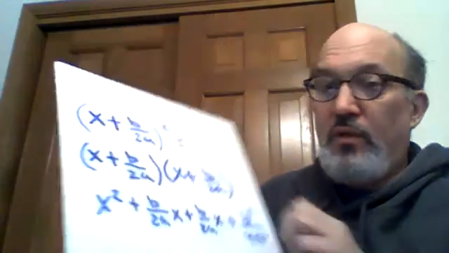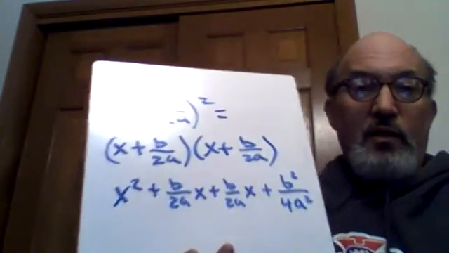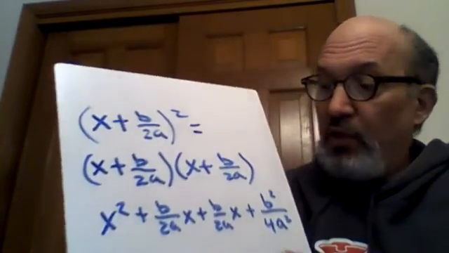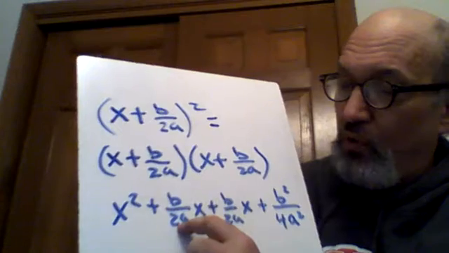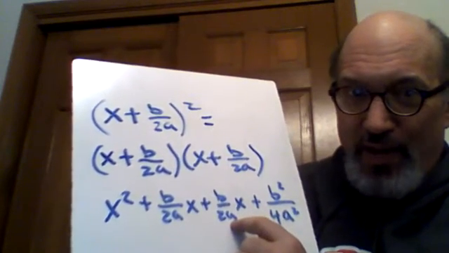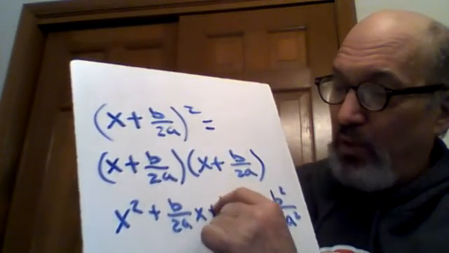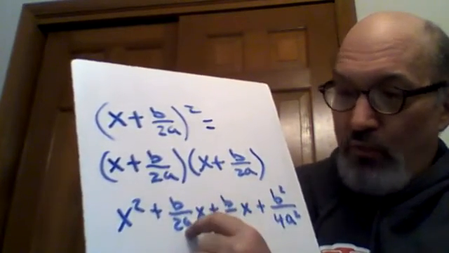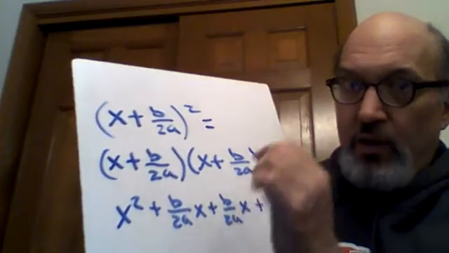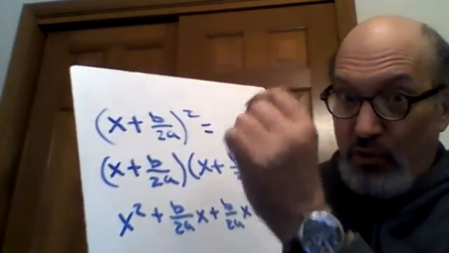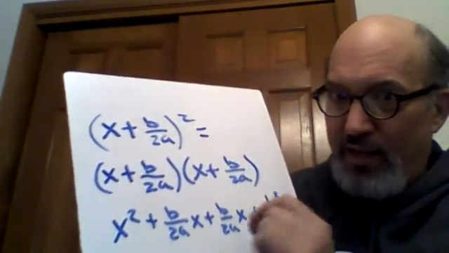Now this doesn't look quite like the perfect square trinomial just yet, because we have to add the two middle terms. How do you add b over 2a x plus b over 2a x? The denominators are the same, so it's b plus b over 2a times x. b plus b is 2b, so it's 2b over 2a times x.